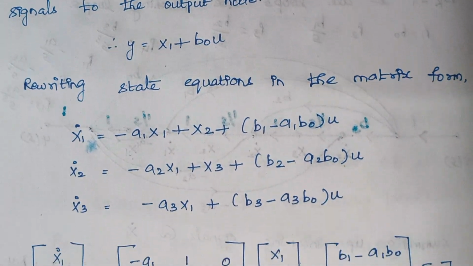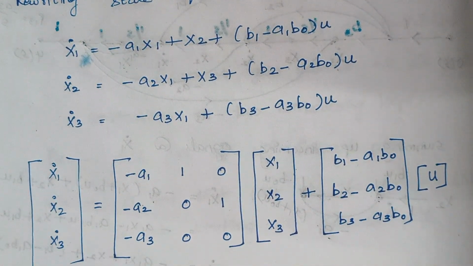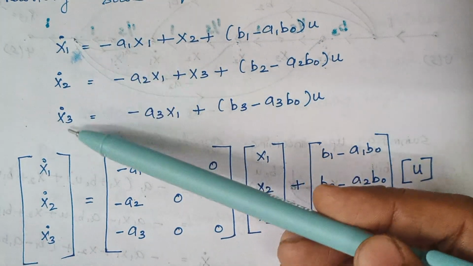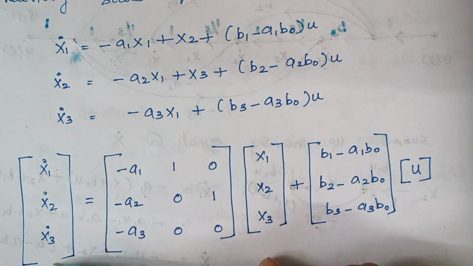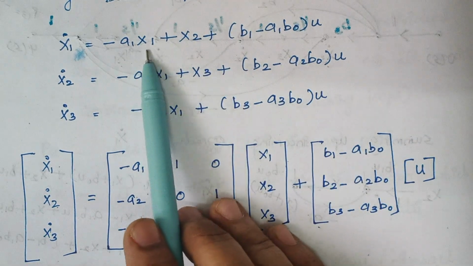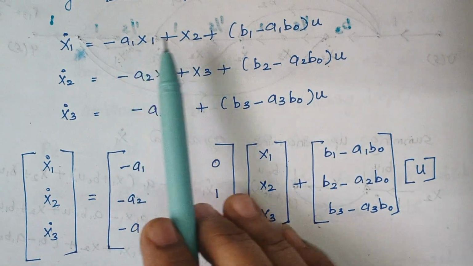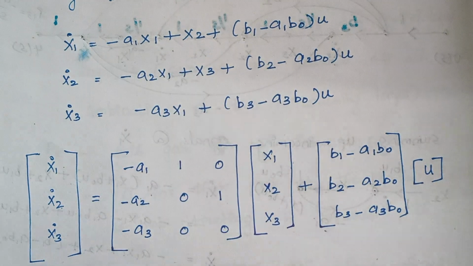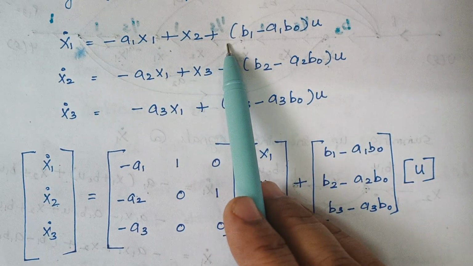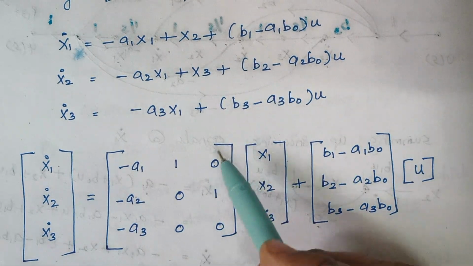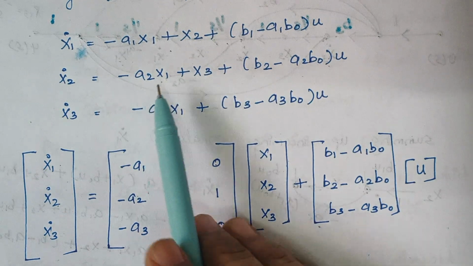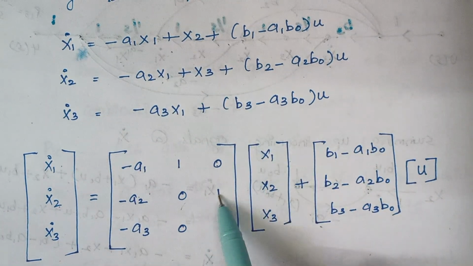So now we are going to write in the matrix form, right? So first consider the state variables. Okay, when you write it in matrix form, x1 dot, x2 dot and x3 dot is equal to the respective coefficients. So here the coefficient of x1 is minus a1, x2 is 1, right? So similarly here there is no x3 coefficient, so it is 0. And again when you consider the second one, the coefficient of x1 is minus a2 and x2 is 0 and x3 is 1.